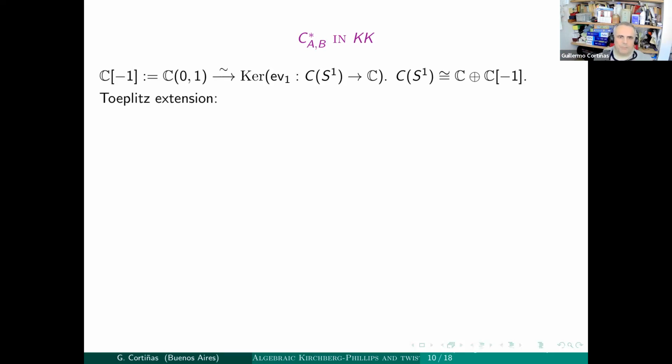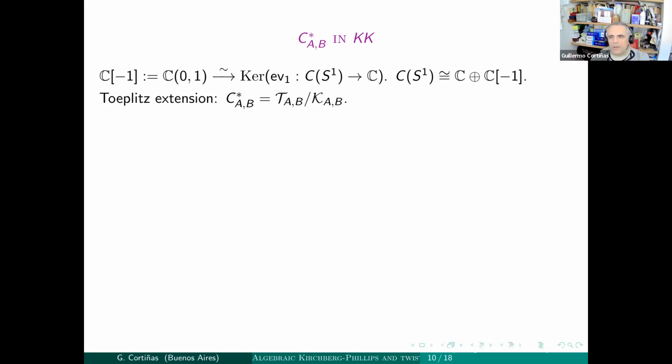Okay. So there is a Toeplitz extension, completely analogous to the Toeplitz extension of the C star algebra of a graph. The conditions defining C star AB include the graph algebra conditions. So in particular, they include Cuntz-Krieger condition 1 and Cuntz-Krieger condition 2.